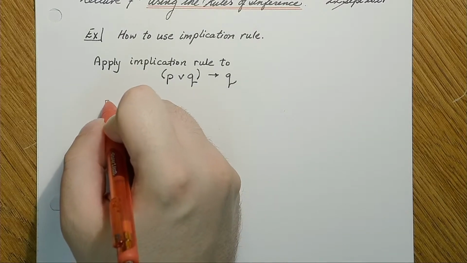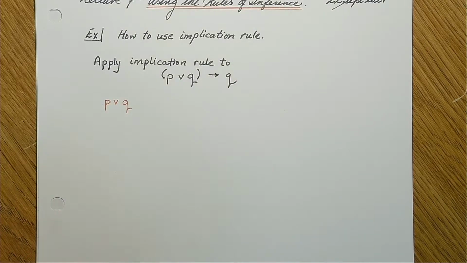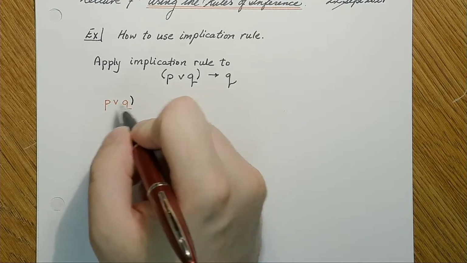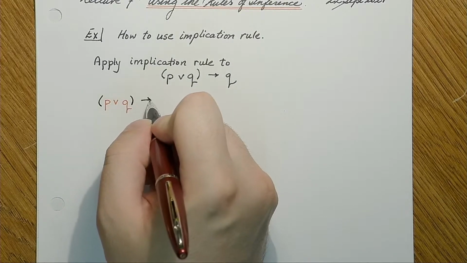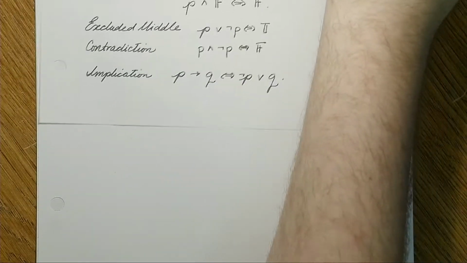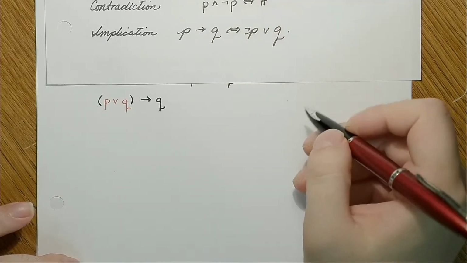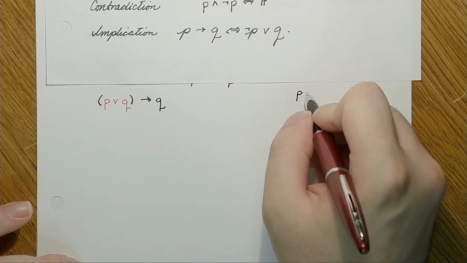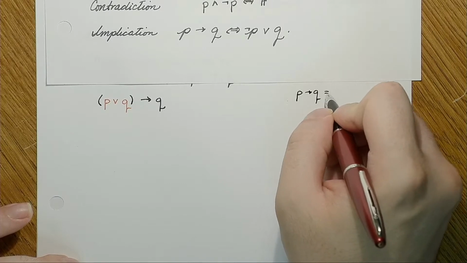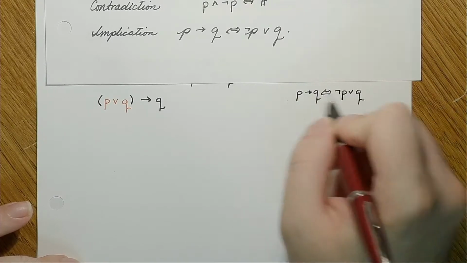Let's say P or Q implies Q. Using our implication rule, P implies Q is logically equivalent to not P or Q.